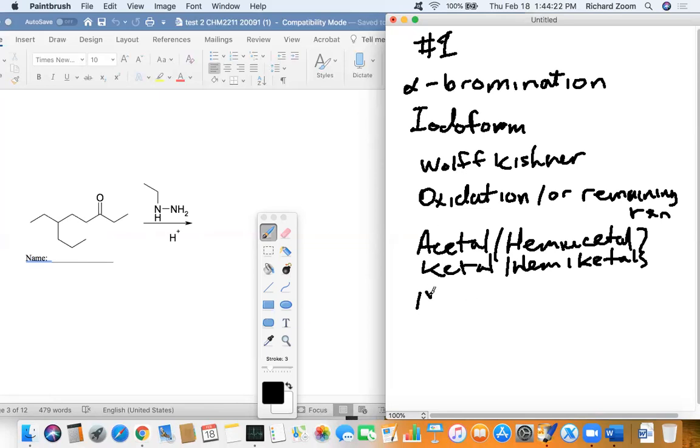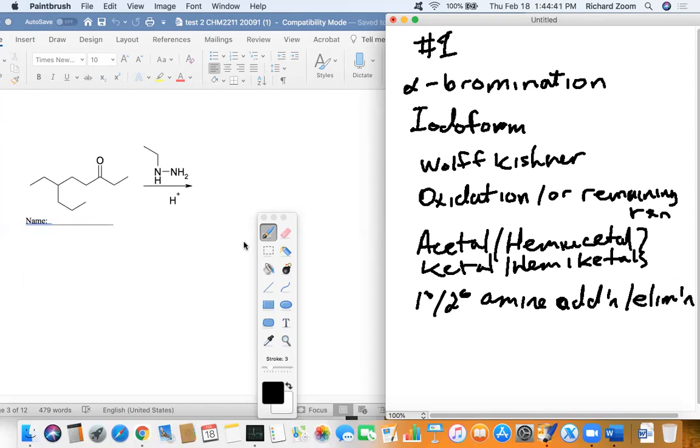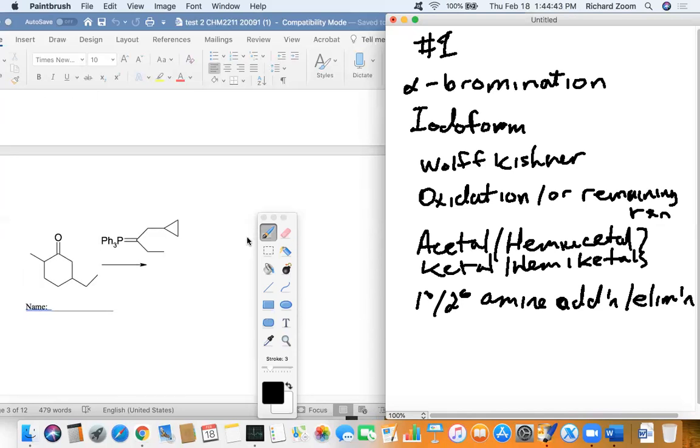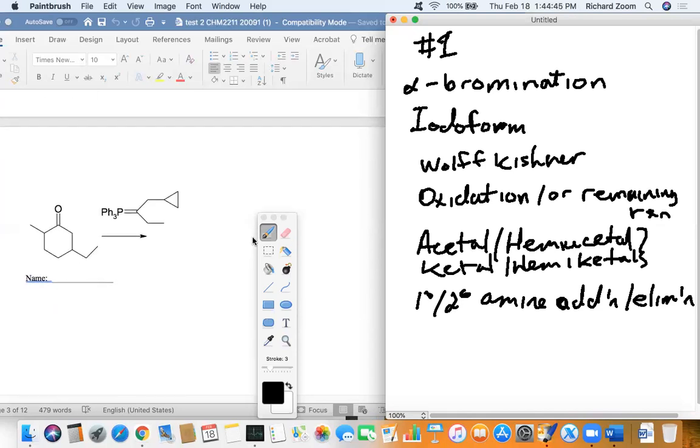Primary or secondary amine addition elimination. A Wittig reaction.